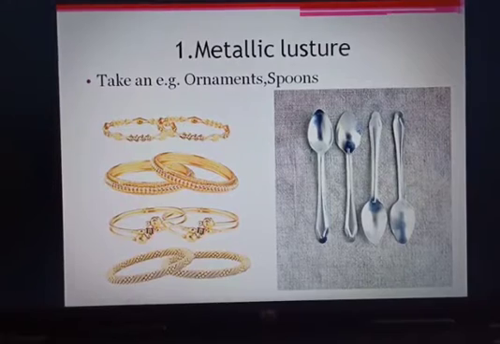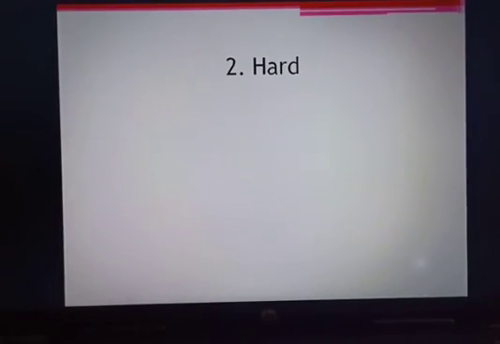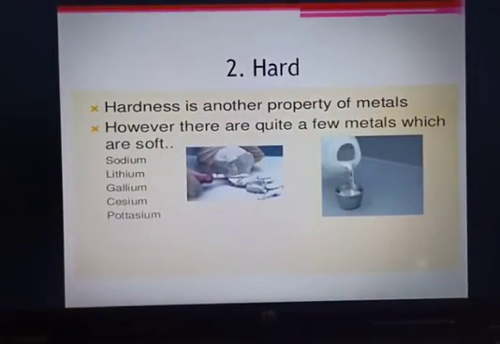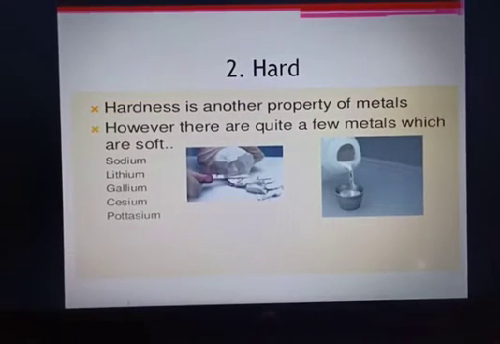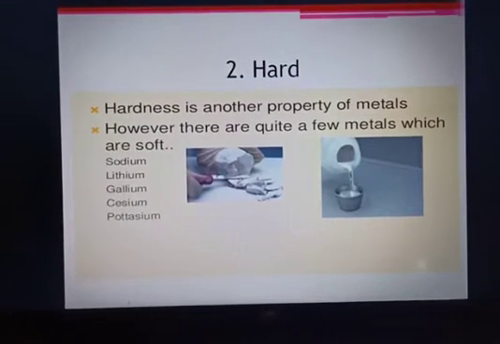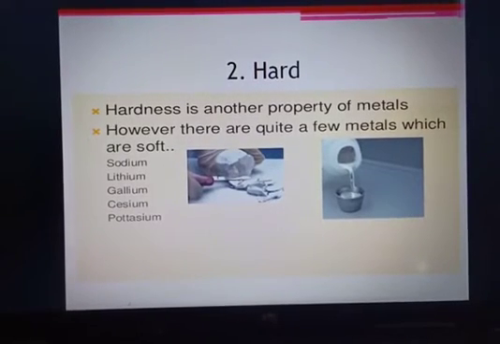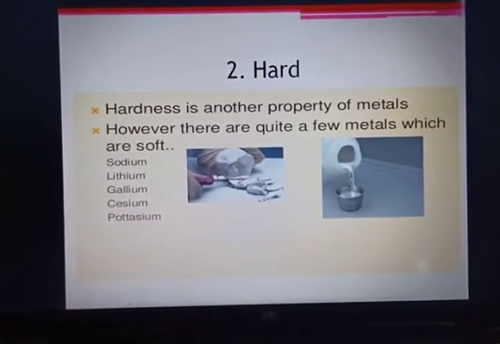Then the second property, that is hardness. Hardness is another property of metals. However, there are quite a few metals which are soft, like sodium, lithium, gallium, cesium, potassium. Say for example, if we talk about the utensils or a hard substance, if we drop it on the floor, is it going to break into two parts?